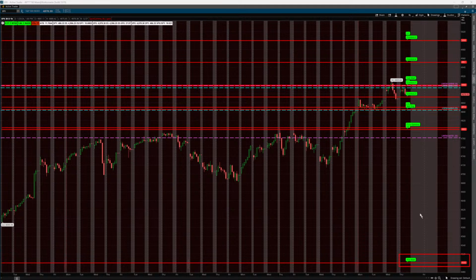The next level up is the volatility trigger. That's at 4,845. And that is Spotgamma's proprietary gamma volatility flip level. Below that level, market makers' position on the gamma curve is negative. In a negative gamma environment, market makers have to trade with price to hedge their delta exposure.